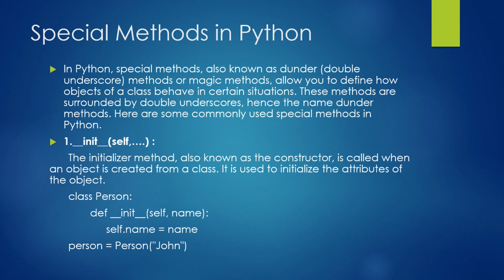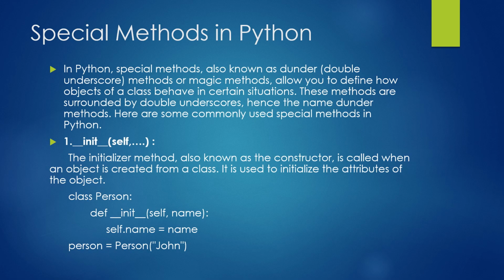Here in this example, we created a class Person and constructor init, with attribute name, and we gave self.name equals name. While creating an object, we passed a parameter John, and this name John is going to the constructor as an argument, and we place it in the name in the constructor.